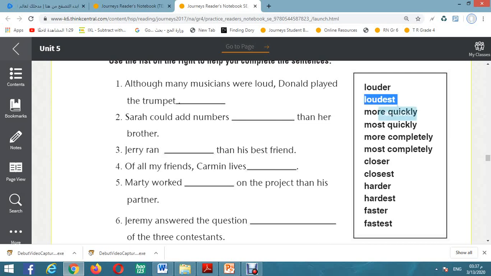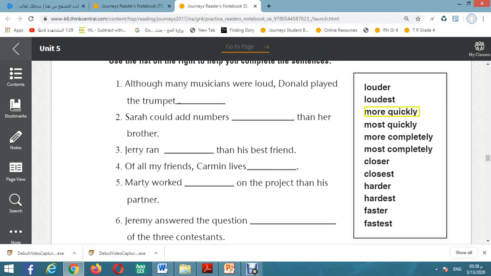Number two, Sarah could add numbers, then her brother. Here we have then, so it's comparative. What is the suitable adverb? It's more quickly. So Sarah could add numbers more quickly than her brother.